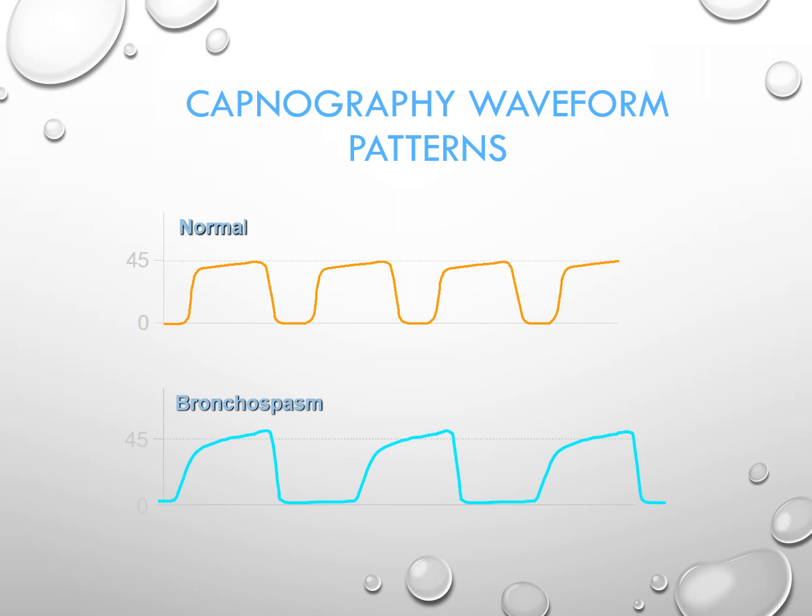But I would say, you walk into a patient's room, you're looking at the shape of the waveform and you're seeing this, and the patient may have a history of asthma. Now my index of suspicion goes up. I want to listen to them, see if they're wheezing or if the breath sounds are very decreased. I want to look at their peak airway pressures, etc. The combination of all of those factors, one of which is a shark fin capnograph, would cause me to say this patient seems like they have an element of bronchospasm.